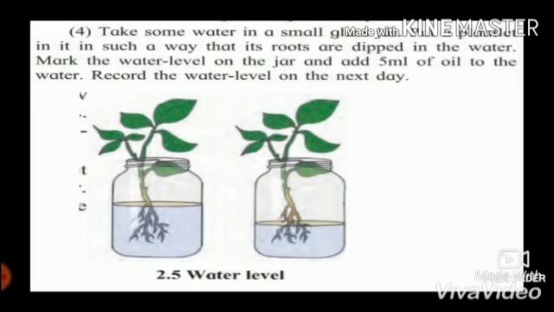As we see, the water level has come down. Now why is this so? Because oil is lighter than water, so it just floats on water. Now why is oil put on the water? Because the water should not get evaporated by evaporation, but still after a few days we observe that the level of water has gone down.